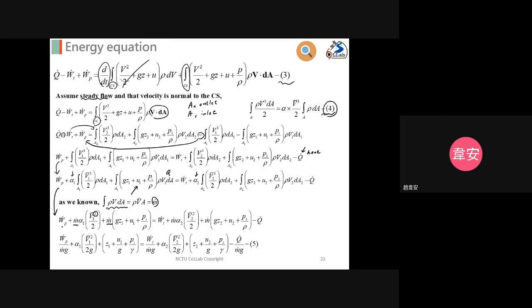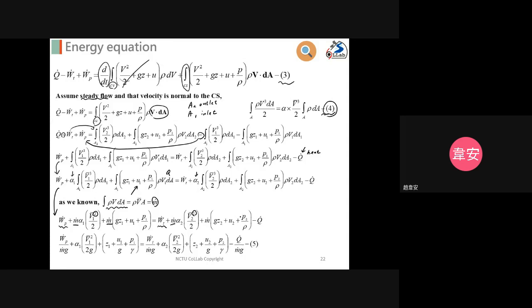And this is the pump, and there is the turbine. Since the pump provides additional energy to the fluid system, the turbine takes energy out of the system. Then there's a mass flow rate again, and we have a velocity squared, and finally we have minus the heat energy, because the heat energy always dissipates from the system.